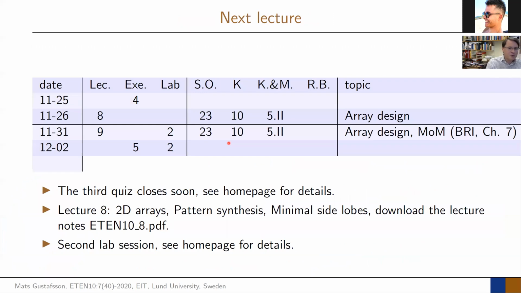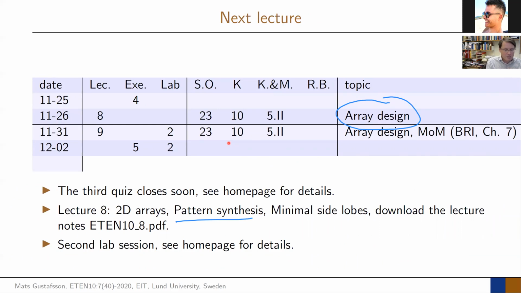Okay, so that is it for today. Time is out, and this was in some ways the first lecture about array design or array antennas. On the next lecture, we will look at different types of array pattern design. So how do we synthesize a radiation pattern that is good?